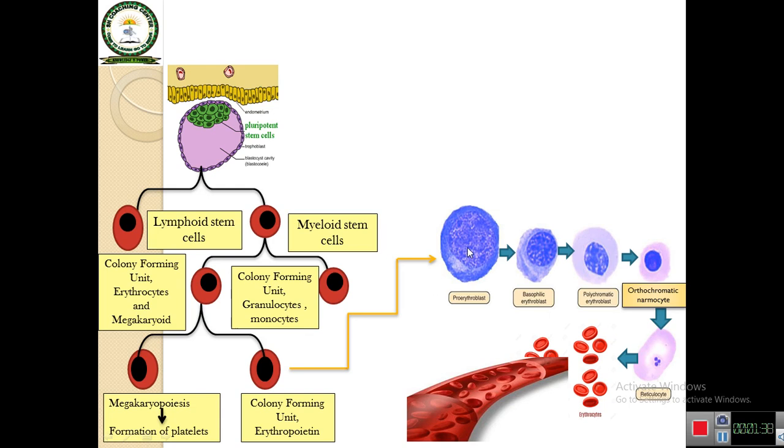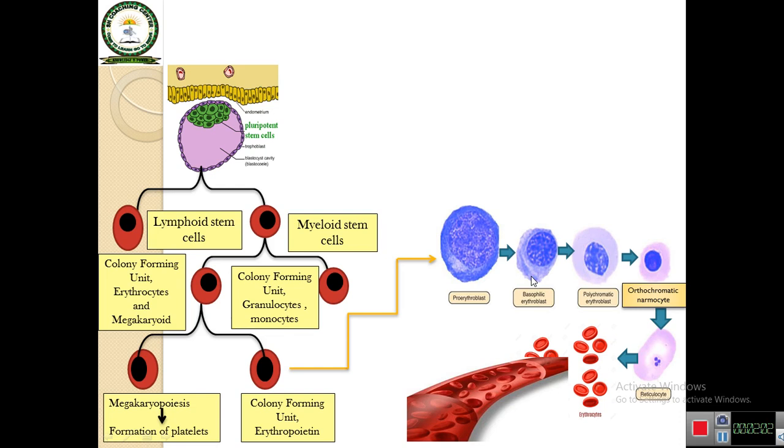This proerythroblast is very large in size and it has a large, open nucleus with loose chromatin, and the cytoplasm is bluish. After that, this proerythroblast will convert into basophilic erythroblast. Why do we call it basophilic?